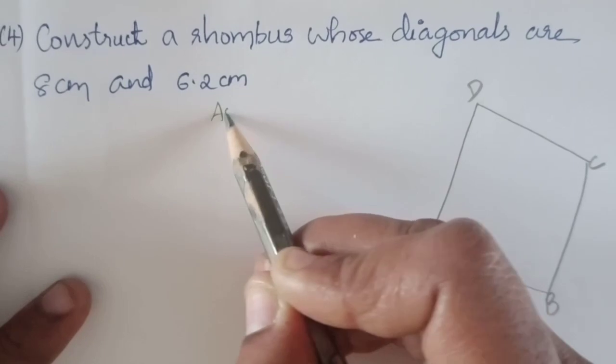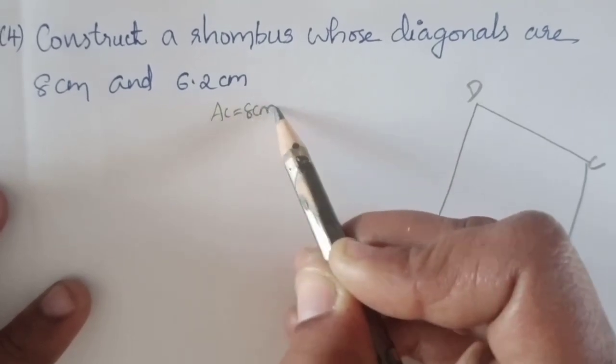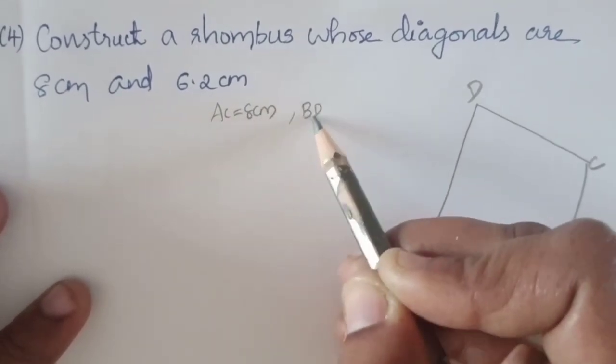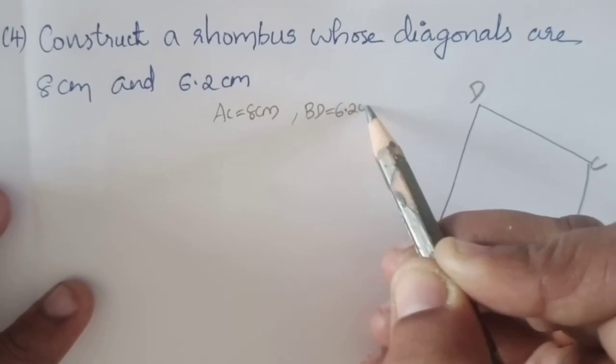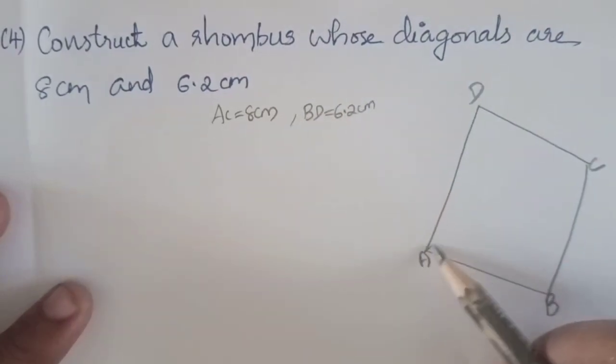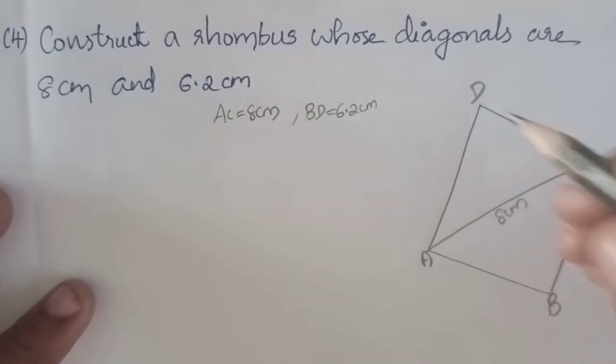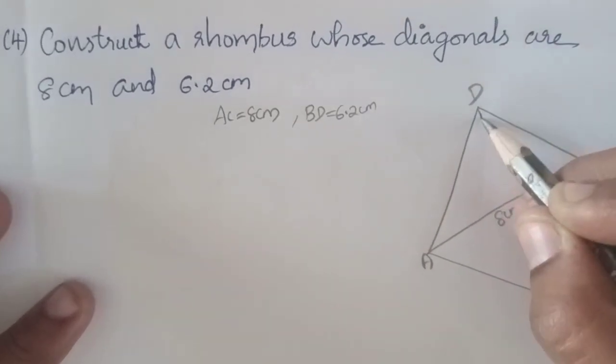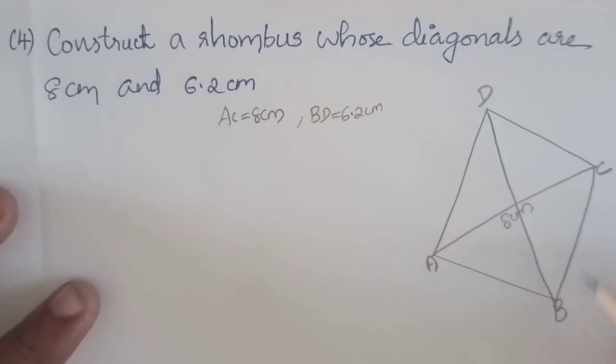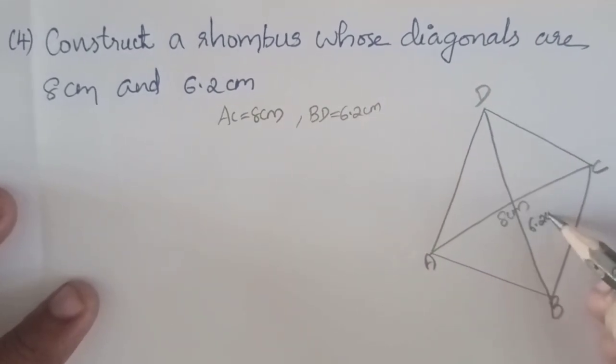So AC is equal to 8 cm and BD is equal to 6.2 cm.